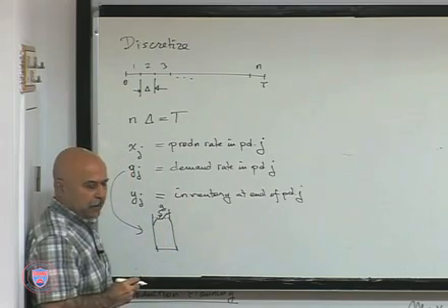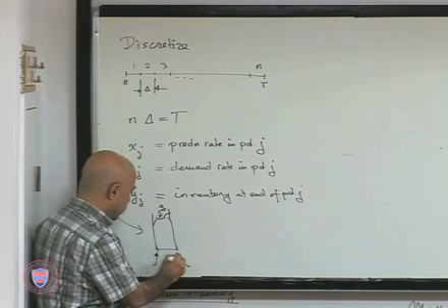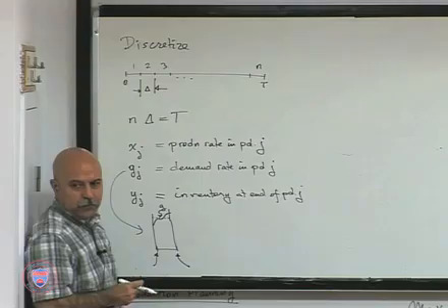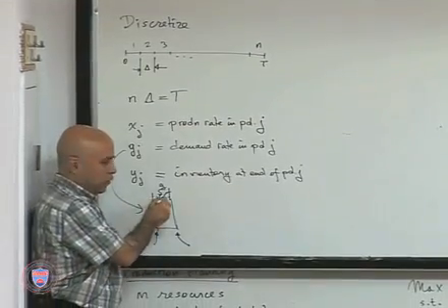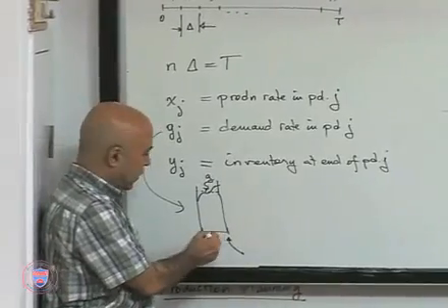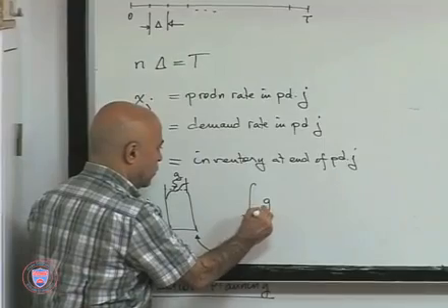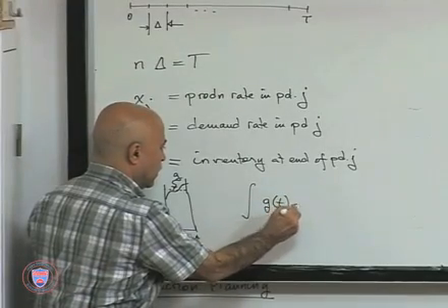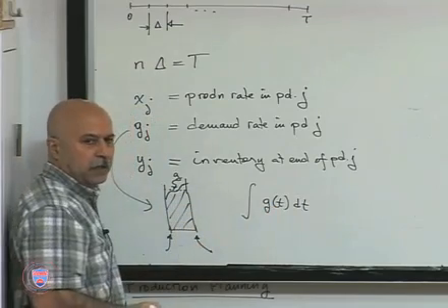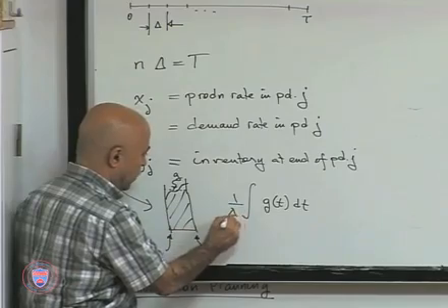So you can compute the demand here, you can compute the demand here, and take the average. That would be an approximation of what you want here. Or you can simply integrate your G of t in this segment. If you integrate G of t in that segment, you would get the total demand here. And then you would divide it by the length of the period, which is your delta.